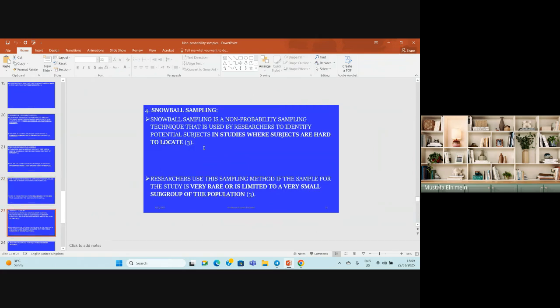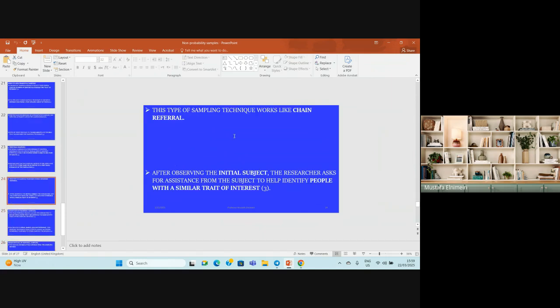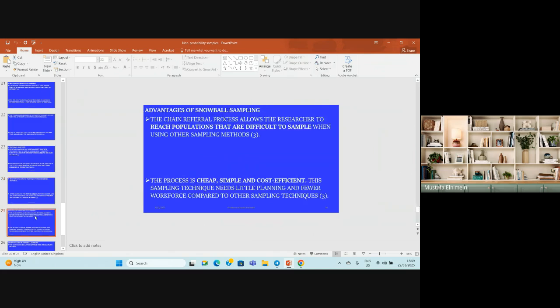Snowball sampling is a non-probability sampling technique that is used by researchers to identify potential subjects in studies where subjects are hard to locate. Researchers use the sampling method if the sample for the study is very rare or is limited to a very small subgroup of the population. This type of sampling technique works like a referral. After observing the initial subject or participant, the researcher asks for assistance from this subject to help identify people with similar traits of interest.